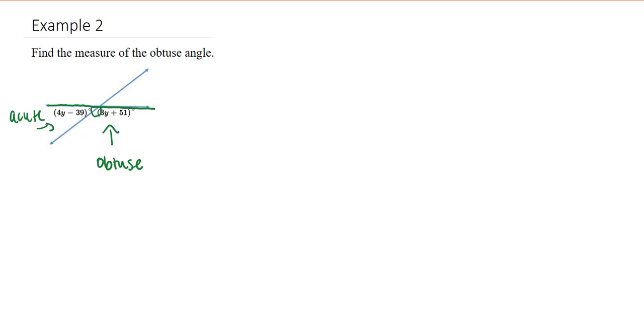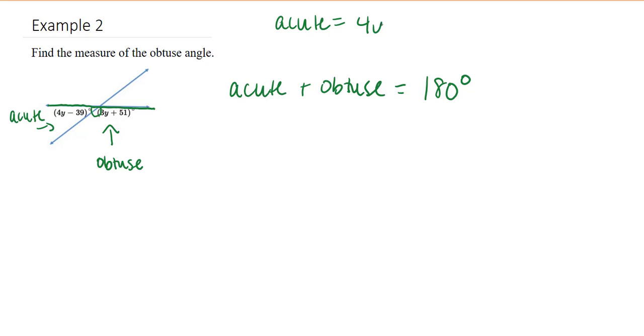So let's go ahead and set this up. We know this acute angle plus the obtuse angle has to be equal to 180 degrees. What do we know about the acute angle? The acute angle is going to be 4y minus 39, and the obtuse is going to be 3y plus 51.